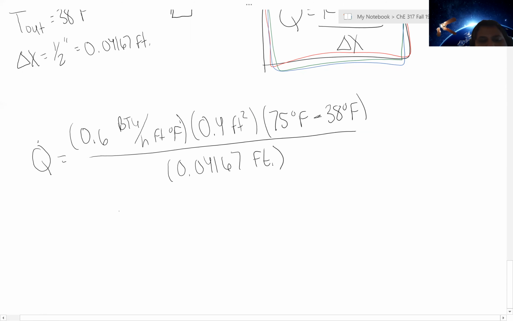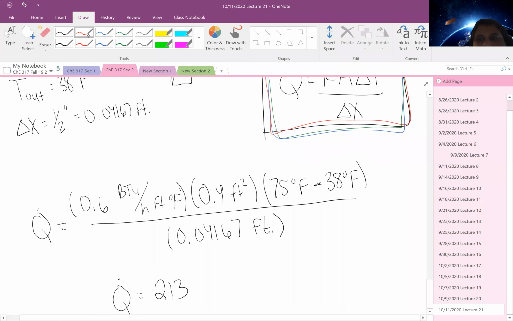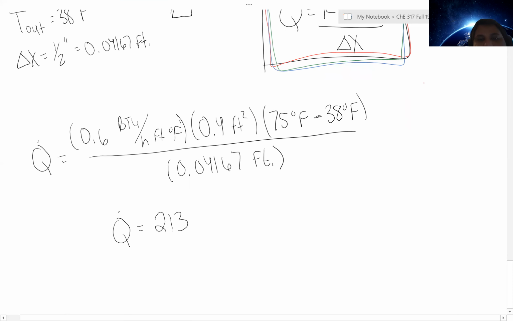This would give me a heat transfer rate of approximately, let me do this math, I'm getting approximately 213. We can check our units. The feet cancel out, the degree Fahrenheit gets canceled out here. So what we're left with is BTUs per hour.